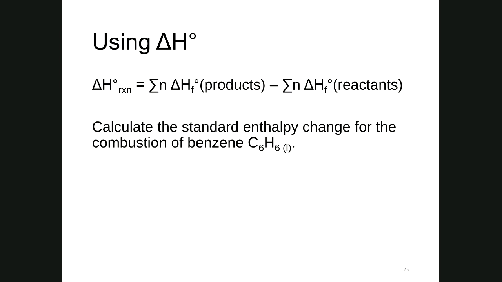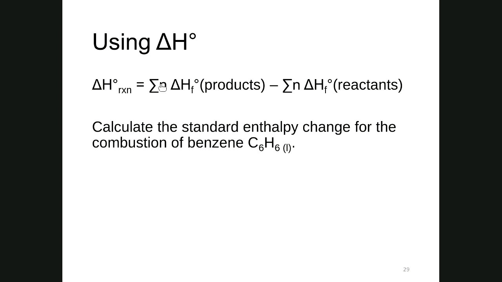We see here that in order to find the enthalpy of a reaction, we can use the enthalpy of formation for various compounds. So we have this equation that looks a little scary, but let's break it down. This Greek symbol, sigma, means sum. So we're going to add pieces together.